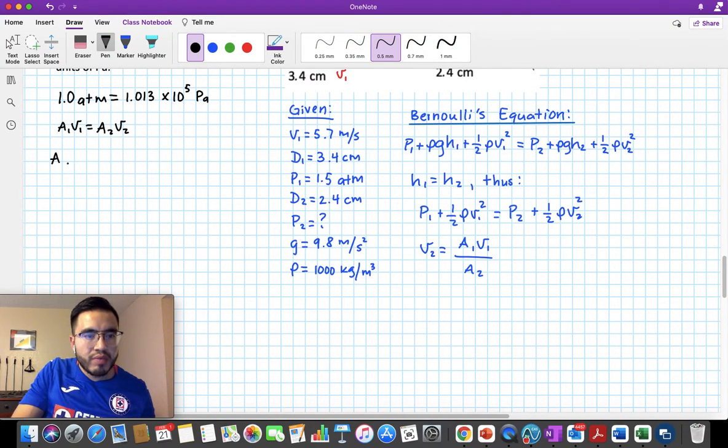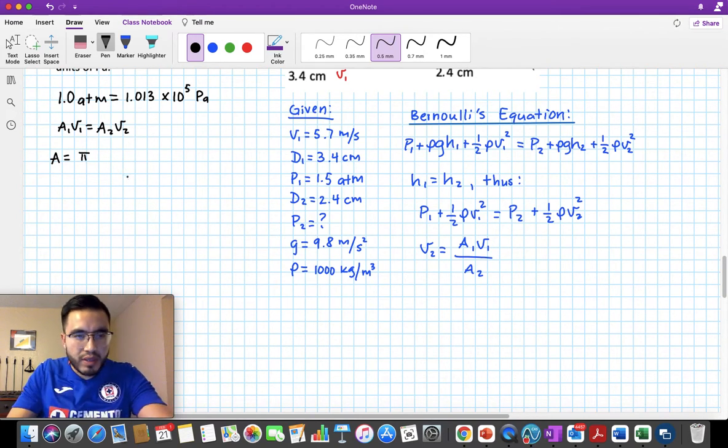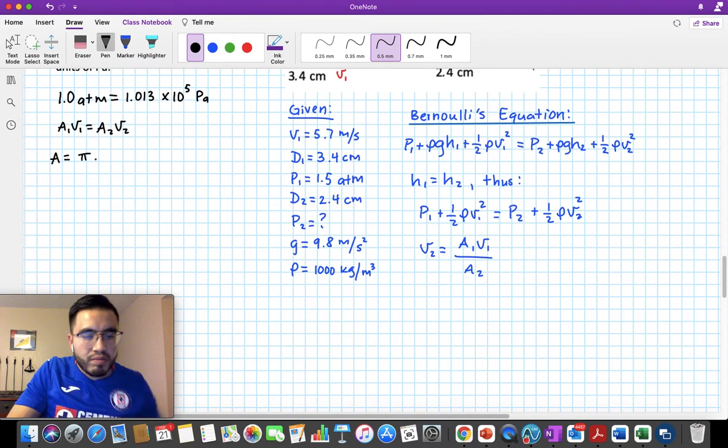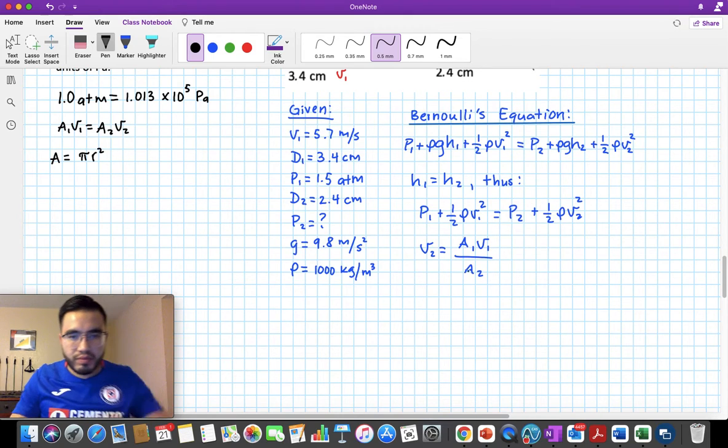So area, in this case cross-sectional area, will be pi r squared.